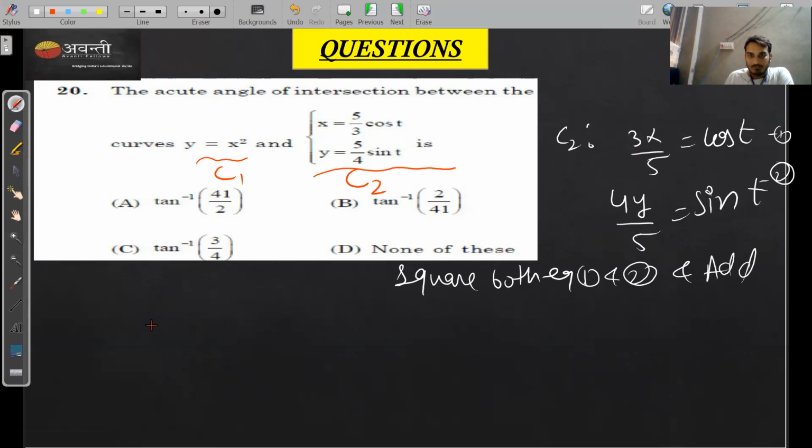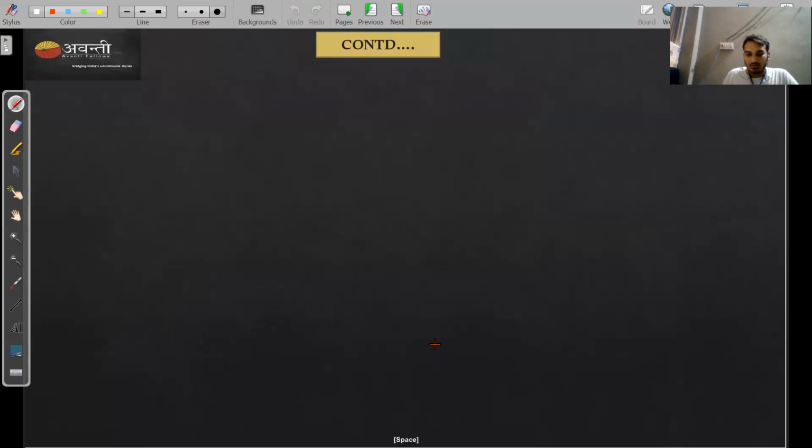So we get 3x by 5 whole square plus 4y by 5 whole square is equal to cos square t plus sin square t, which is nothing but 1, right? So I believe we are getting an ellipse equation, right? After solving it, you get 9x square plus 16y square is equal to 25, right? So this is the C2 curve.